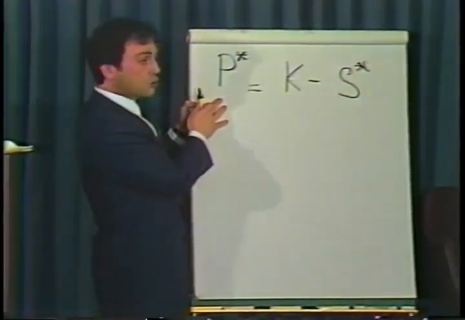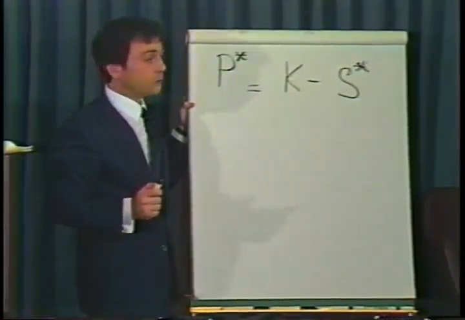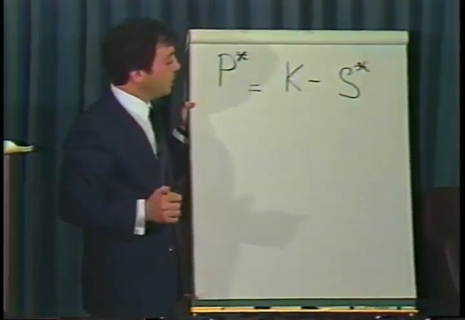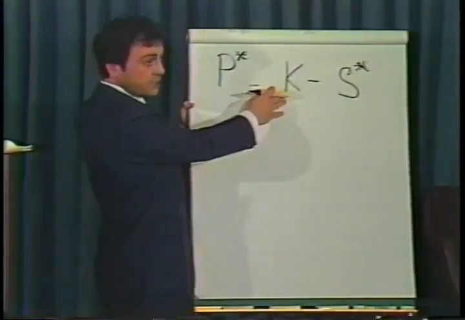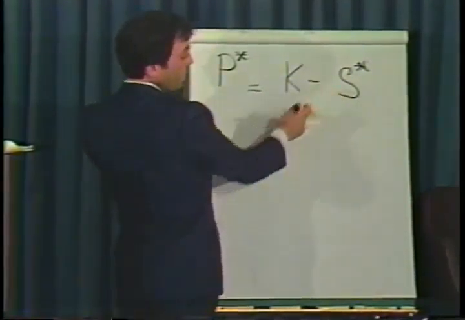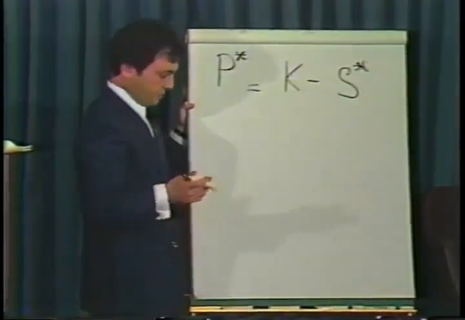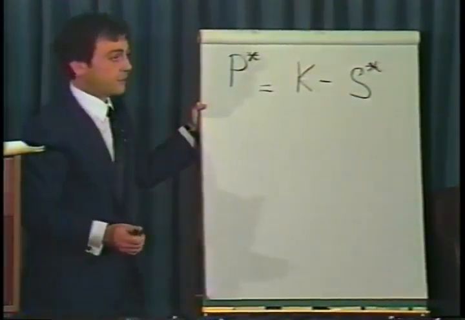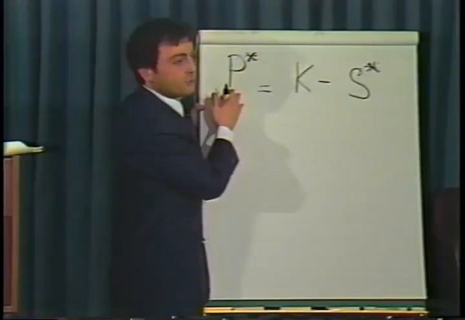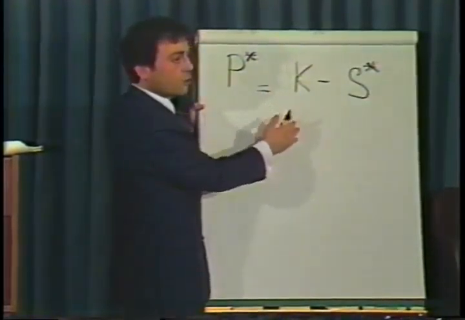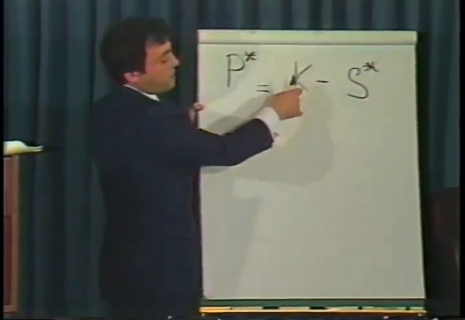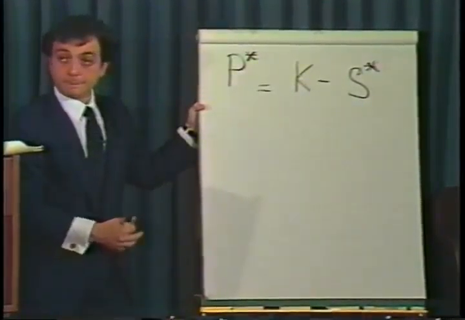At time to maturity, the intrinsic value of the put option will be the exercise price minus the stock price at maturity. It cannot be negative, of course. It's either 0, or if the stock price is less than the exercise price, it will be positive, right?